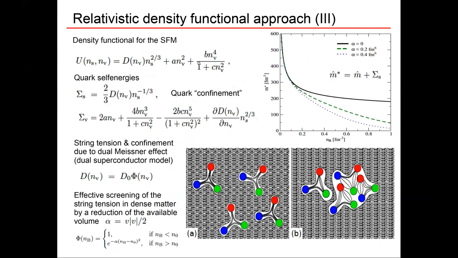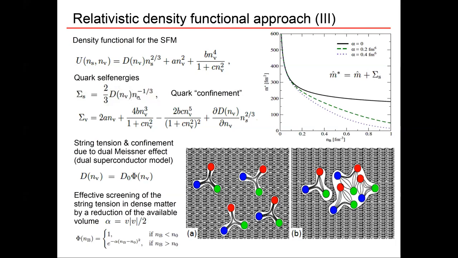We even generalize it to a nonlinear behavior because we are interested in the high density stiffening of quark matter, but obeying the causality constraint. And the dependence on the scalar density is modeled such that the self-energy mimics quark confinement.